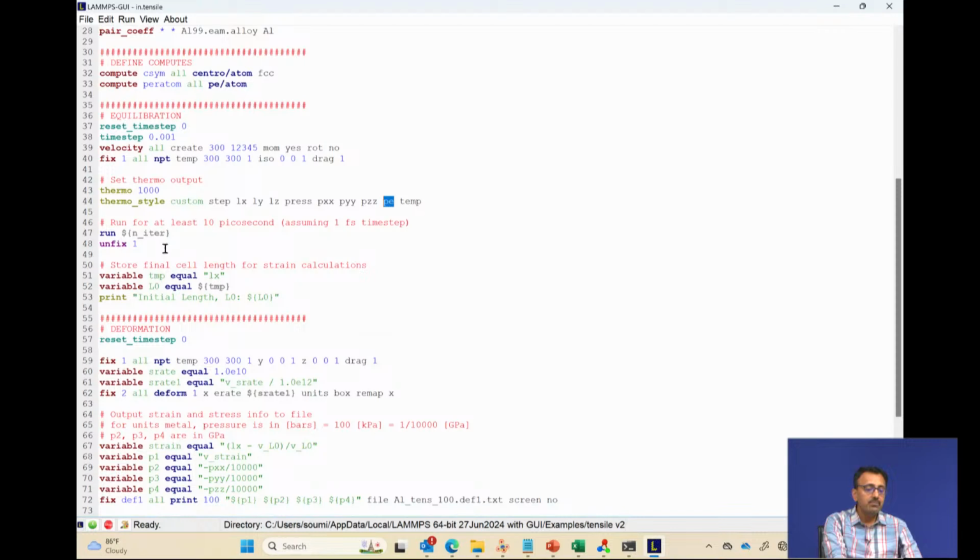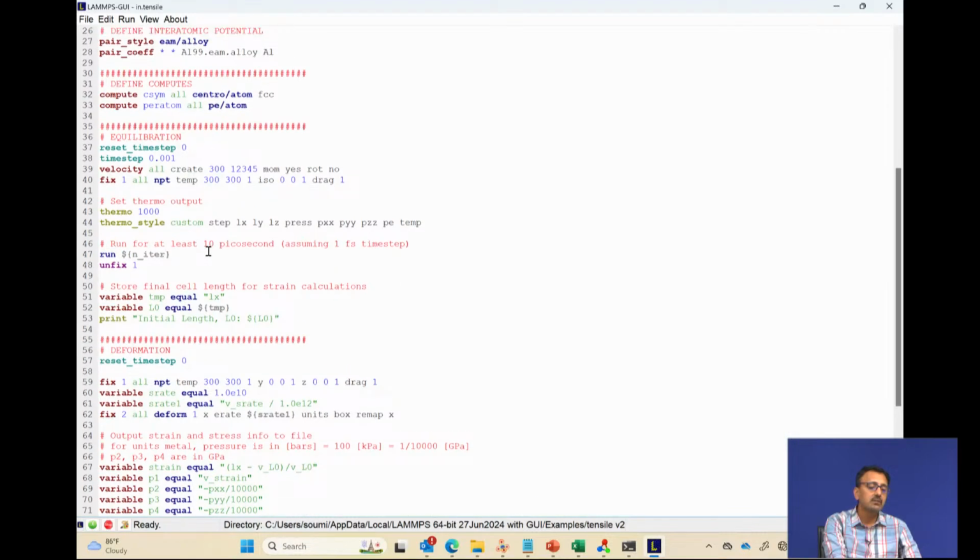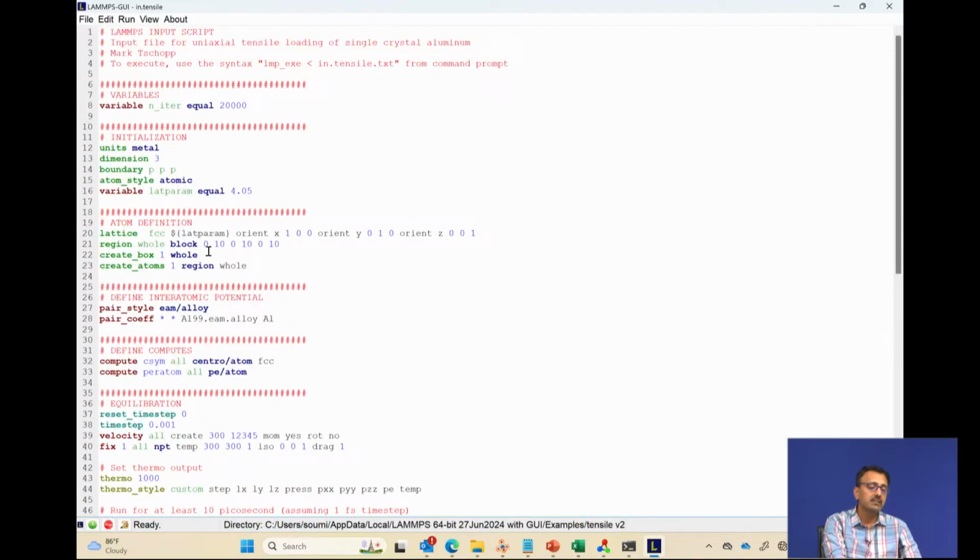At this step, we are specifying that we want to run this system. How many time steps do we want to run? So, we define a variable n iter, basically the number of iterations, at the beginning, and set it to be 20,000. So, we want to equilibrate this for 20,000 time steps, which is 20 picoseconds. This is typically just a guess.